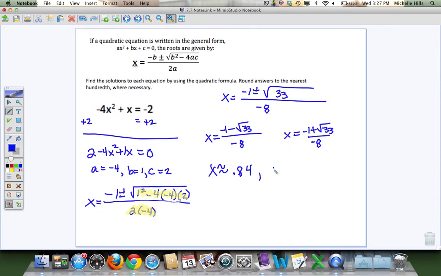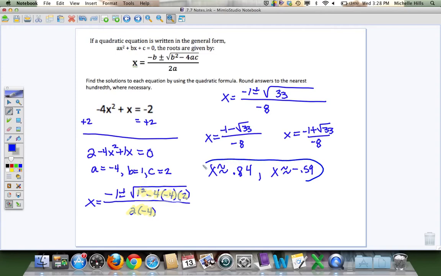And when I do this one, x equals negative 1 plus the square root of 33, and hit equals, and then divided by negative 8 equals, and I get that x is approximately equal to negative 0.59.